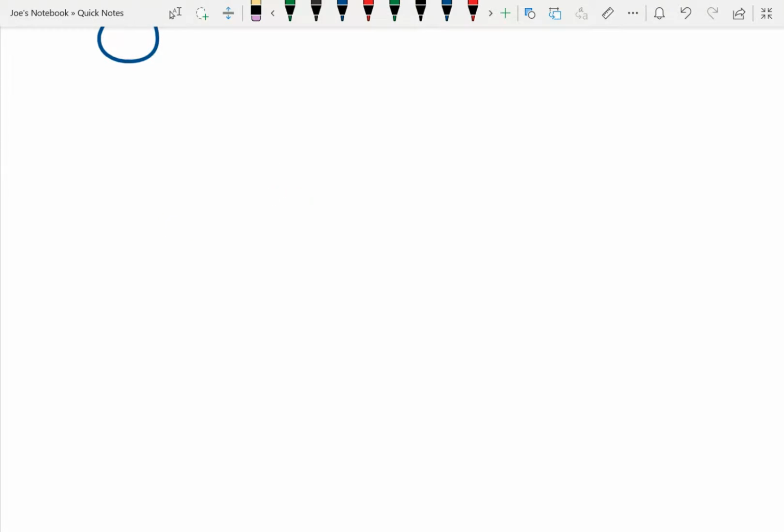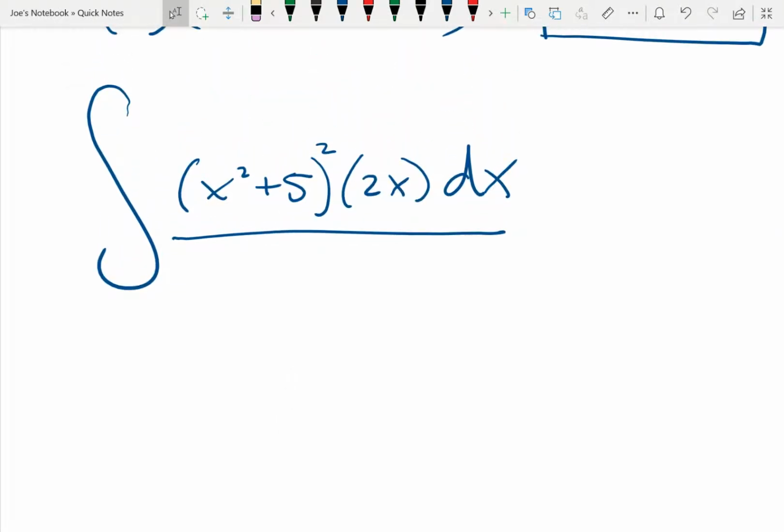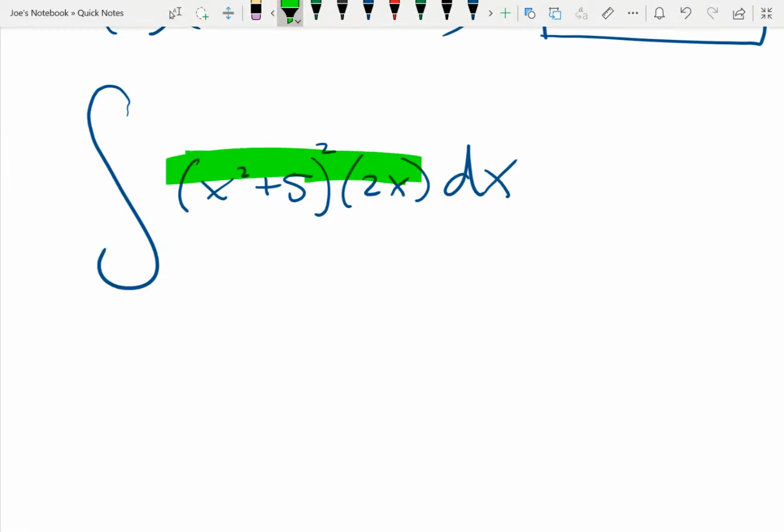So if I'm anti-differentiating, whose derivative is this? What you're saying is someone took the derivative of some function and it resulted in x squared plus 5 squared times 2x. Well, whose derivative is that?